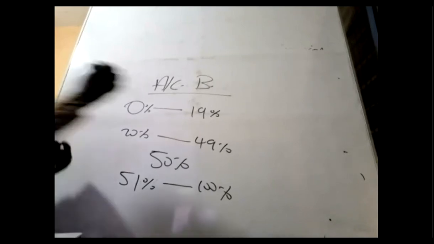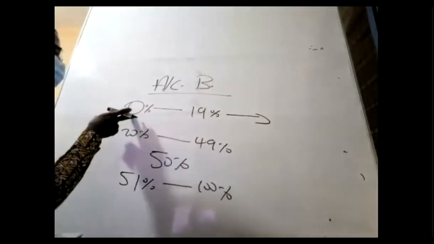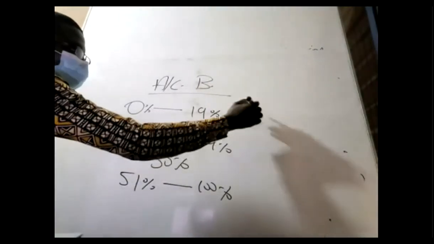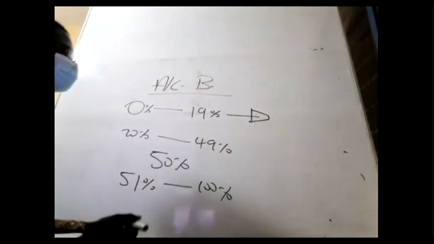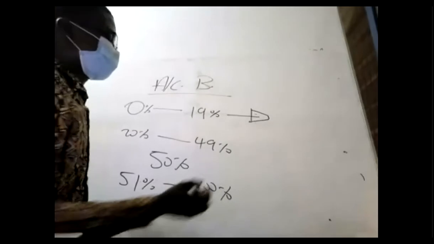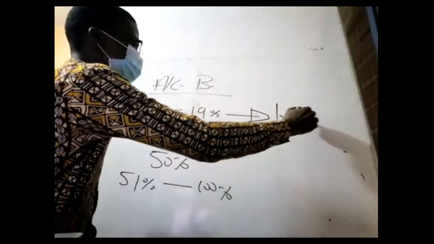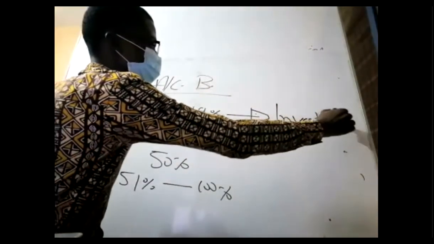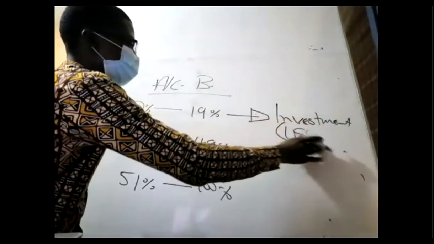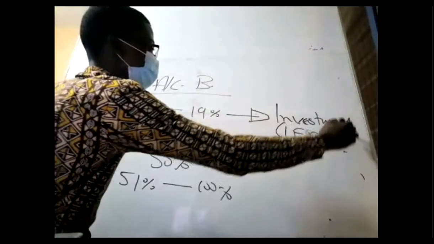Number one, if you have something from 0 up to 19, call yourself an investor. Don't call yourself parent. I'm begging you. You are what? An investor. So 0 to 19 is a mere investment. Kindly use IFRS 9.